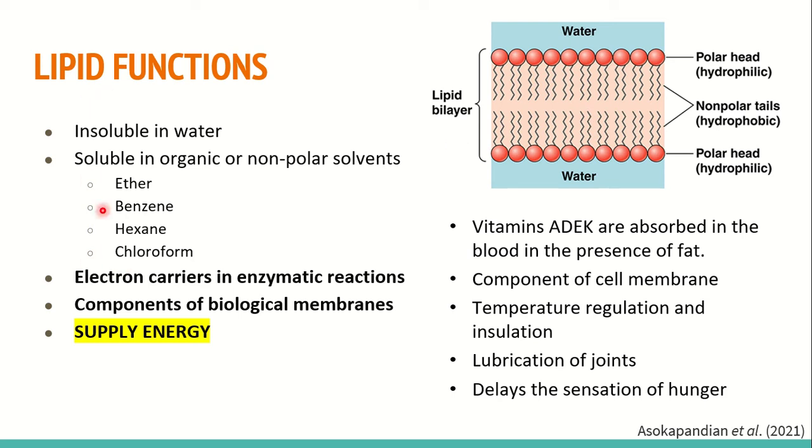The functions of our lipids: they act as electron carriers in enzymatic reactions. And as I said earlier, they are components of your biological membranes or cell membranes. Our vitamins A, D, E, and K, the fat-soluble vitamins, your ADEK, are absorbed only in the presence of fat.